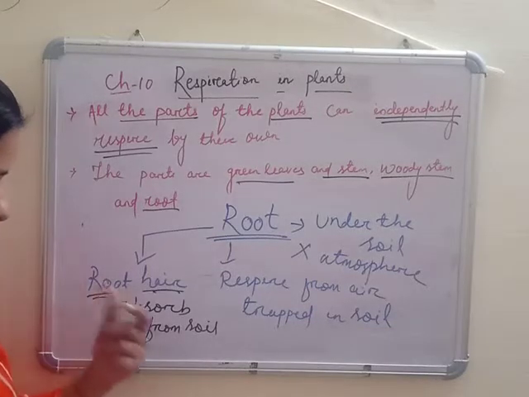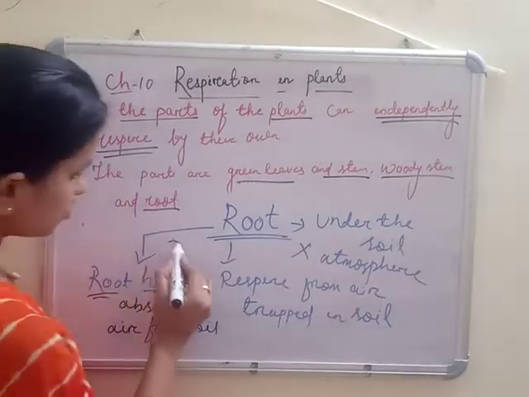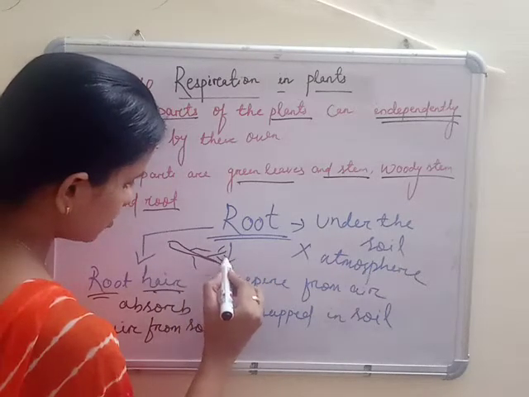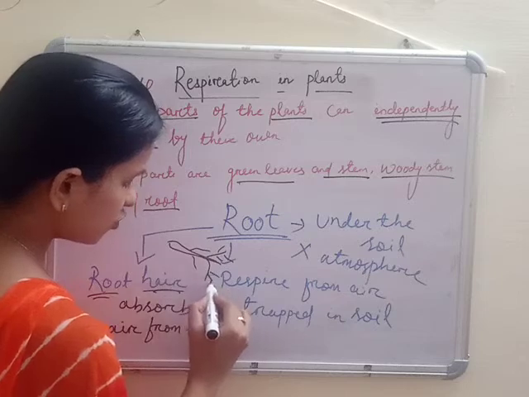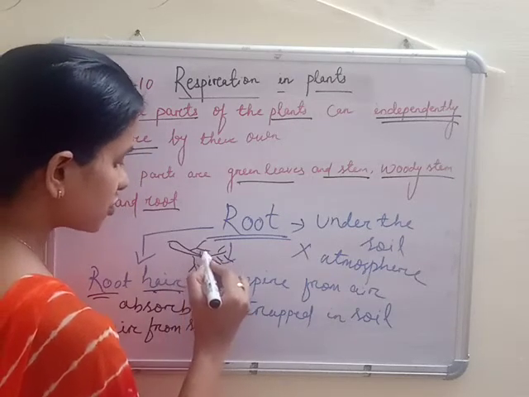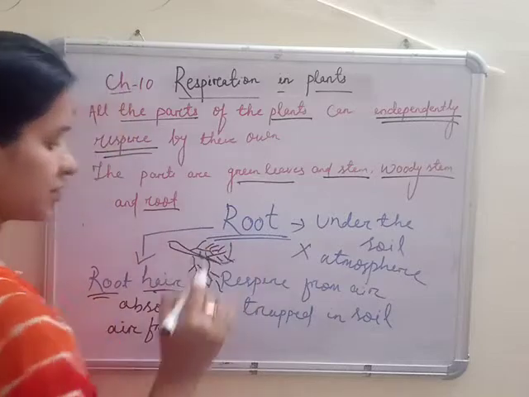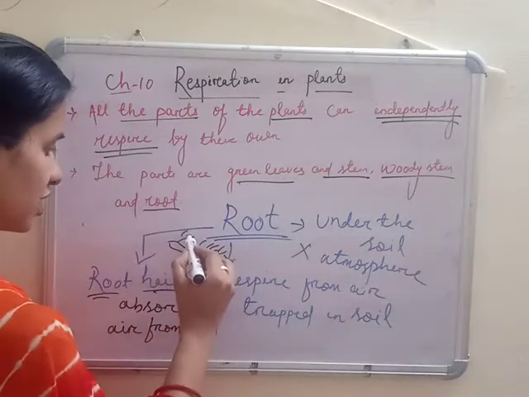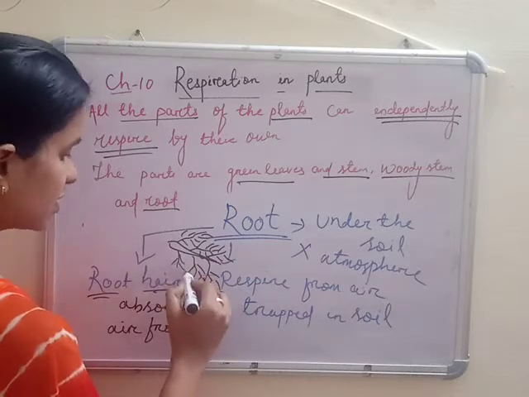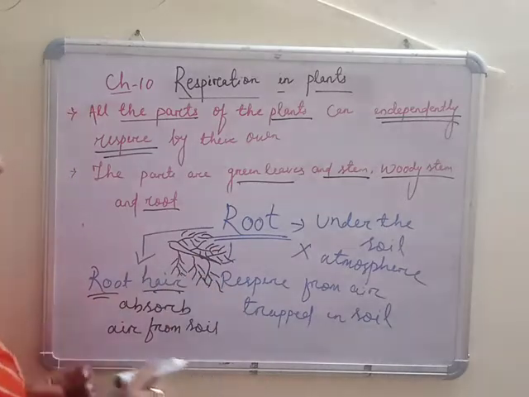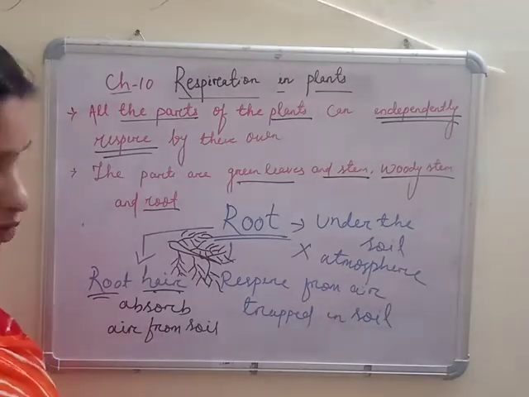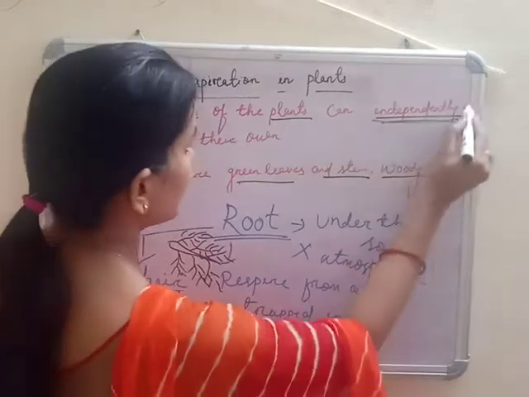These are the root hairs. The more root hairs there are, the more absorption of air. So root hairs are responsible for the respiration process or exchange of gases in the root part. This is how the different parts of the plant respire independently.